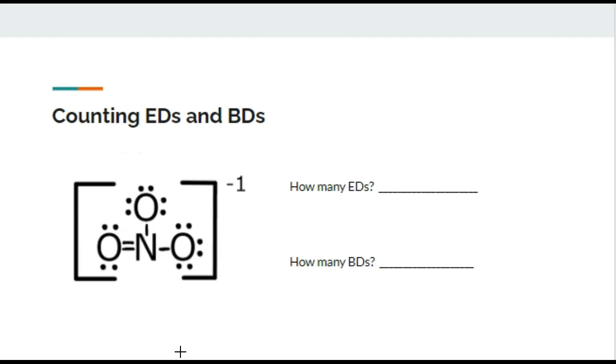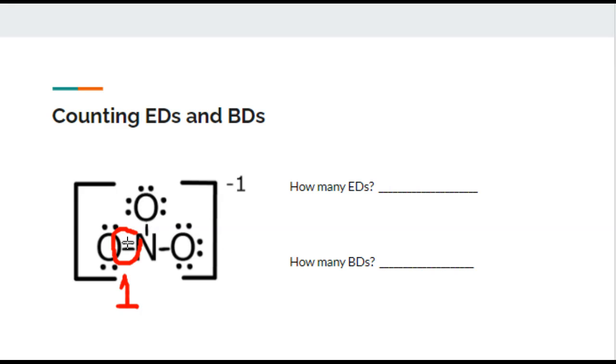We could talk about ions. They have bonds and they have a structure. So let's look at this. There is one thing to worry about here. You'll notice that there is a double bond here. A double bond counts as only 1 bonding domain and 1 electron domain.